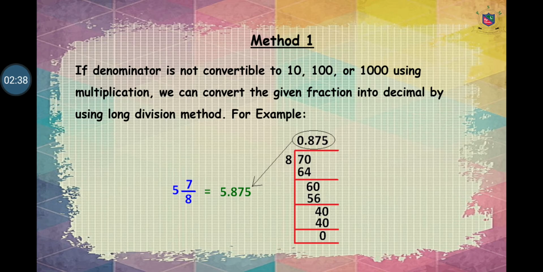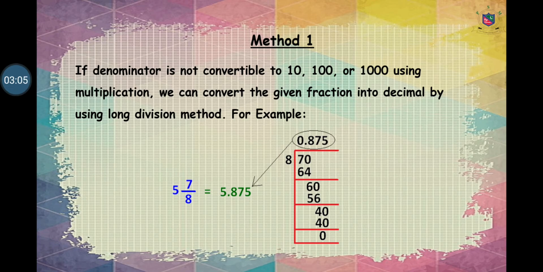First of all, we have to look at the denominator. We check if we can multiply it by a number to make it 10, 100 or 1000. If we cannot convert it, then we need to do the long division, as here we are dividing 7 by 8.